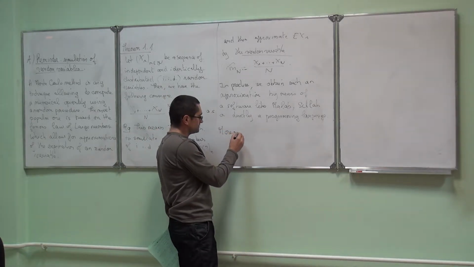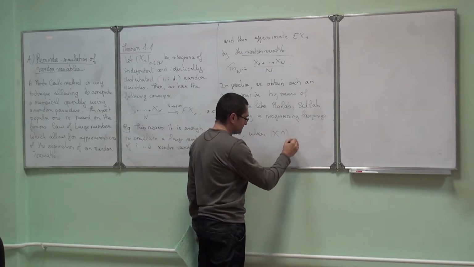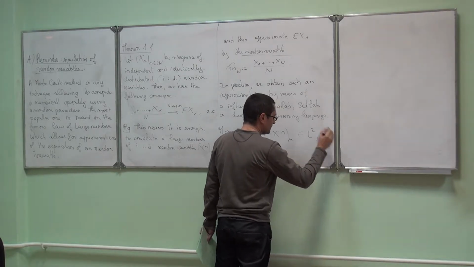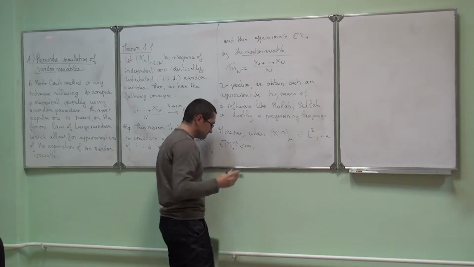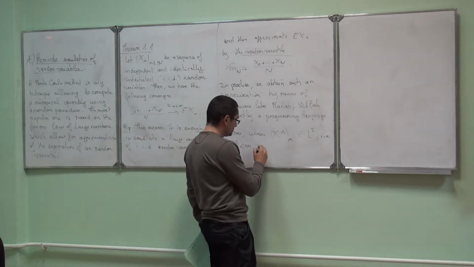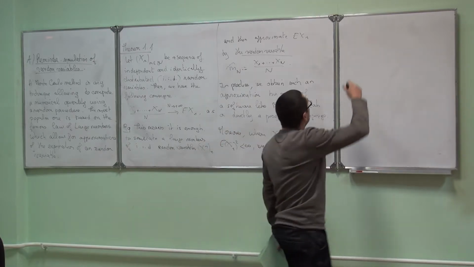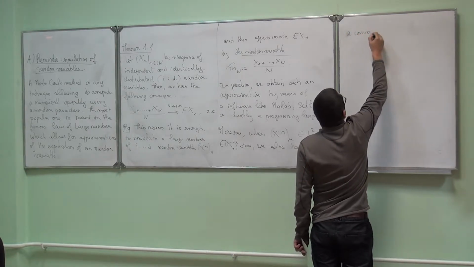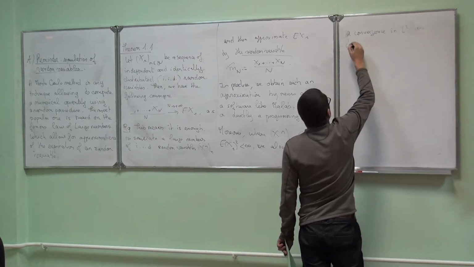When X_n belongs to L2, that is, the expectation of X_1 squared is finite, we also have a convergence in L2 as follows.